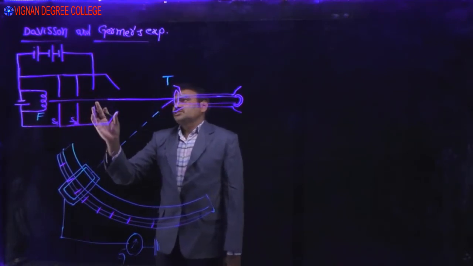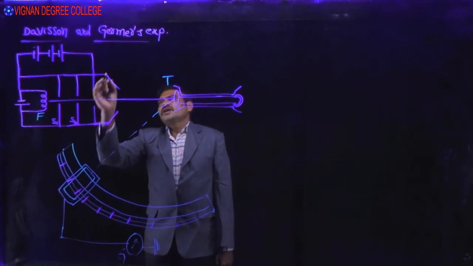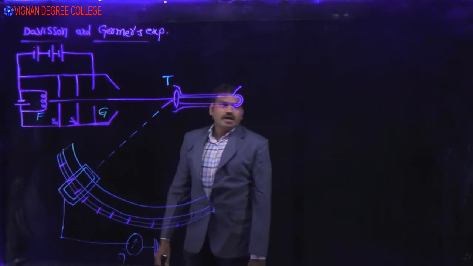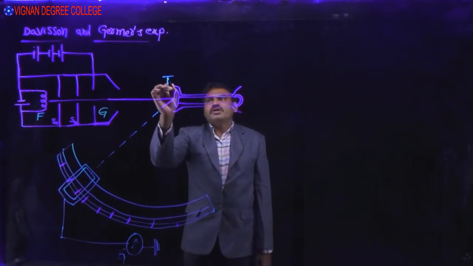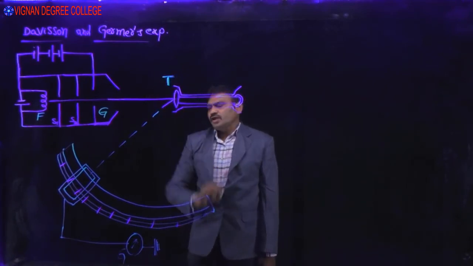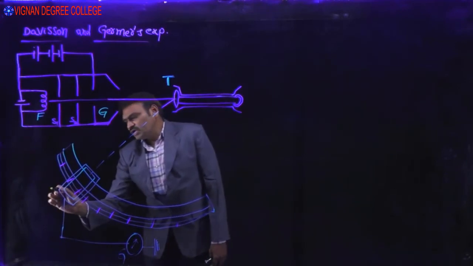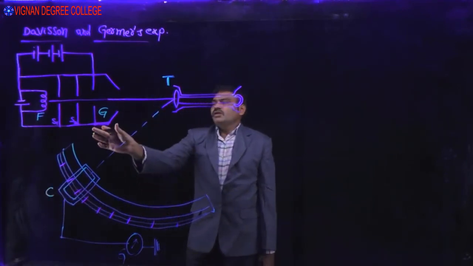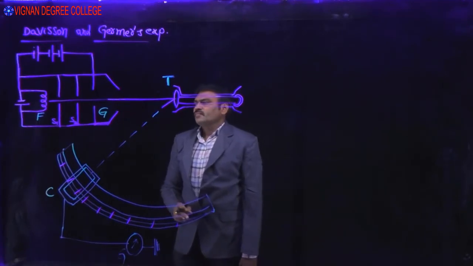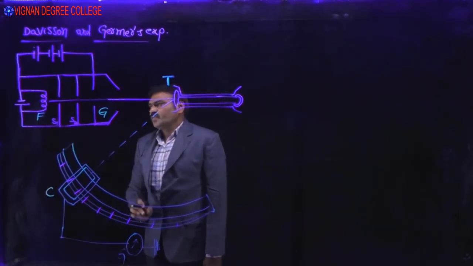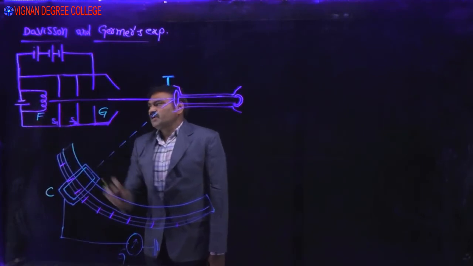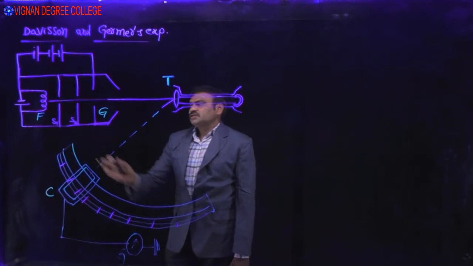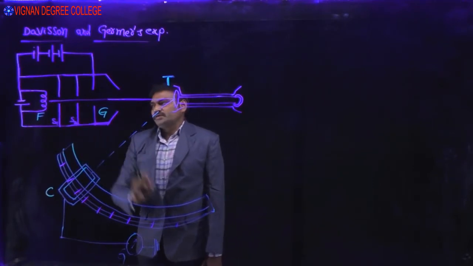This apparatus consists of mainly three parts: one is the electron gun, the second is the nickel crystal target, and the third is the Faraday cylinder. The electron gun consists of a tungsten filament, heated to dull red color so that the electrons are emitted.